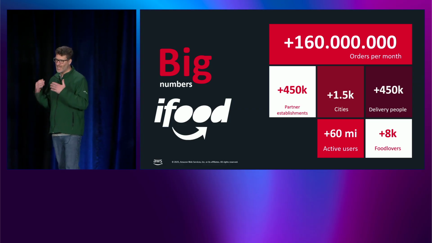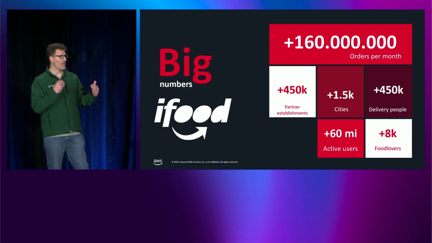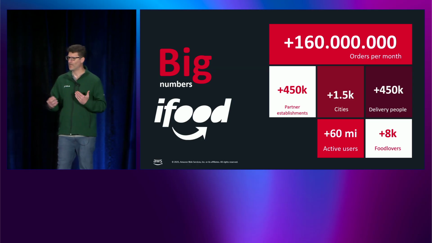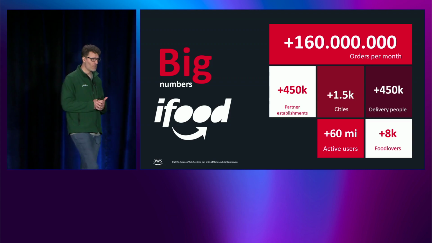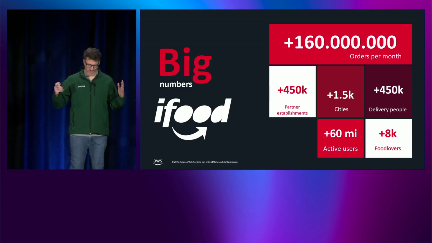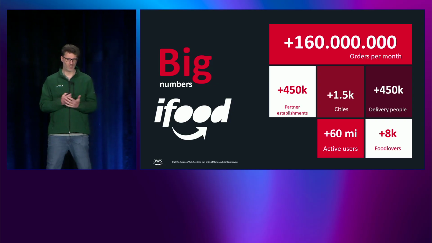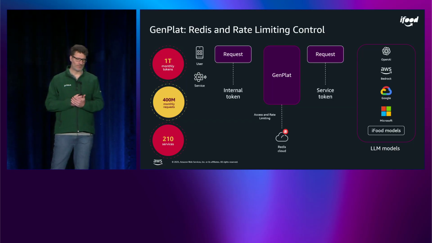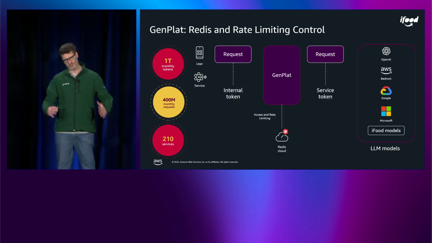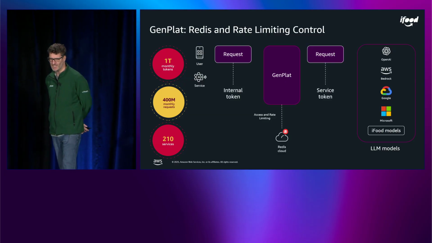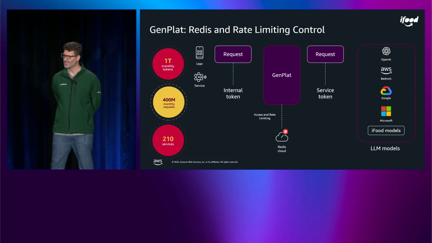We have agents, internal agents, or agents that interact with external partners running inside our infrastructure. So this is what iFood represents in Brazil. And the first application that I want to show you or connect to Redis is what we call internally GenPlat.